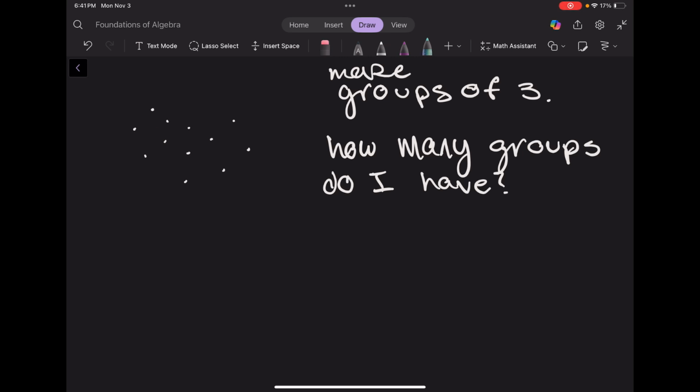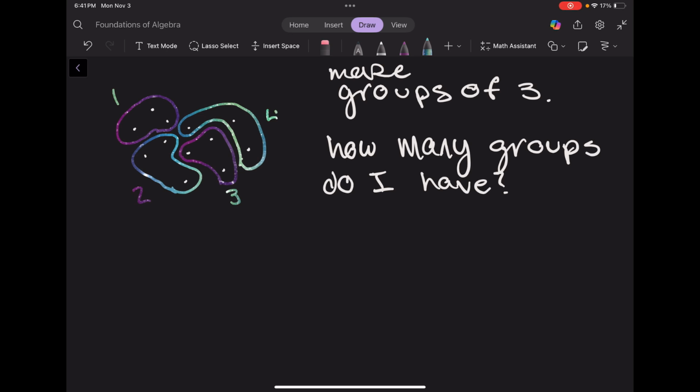Alright, so here's one group of 3. Here's another group of 3. Here's another group of 3. And another group of 3. This is group 1, group 2, group 3, group 4.